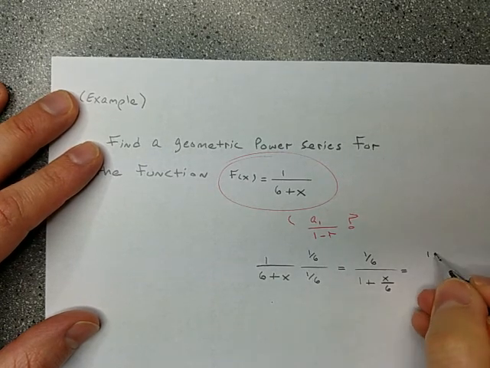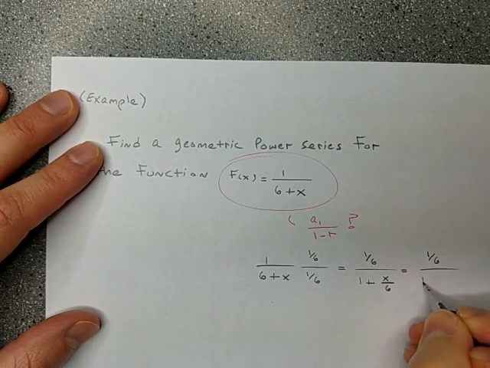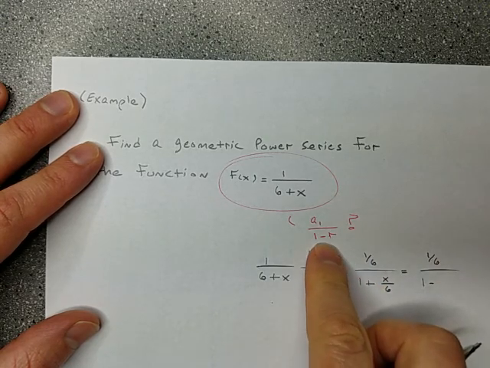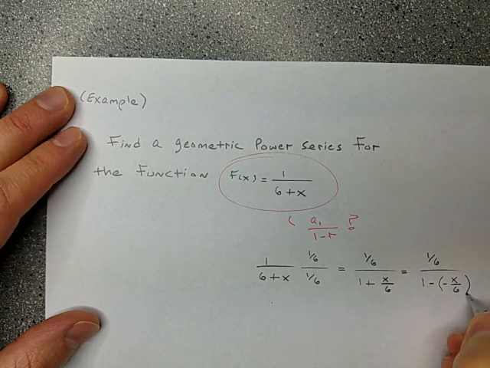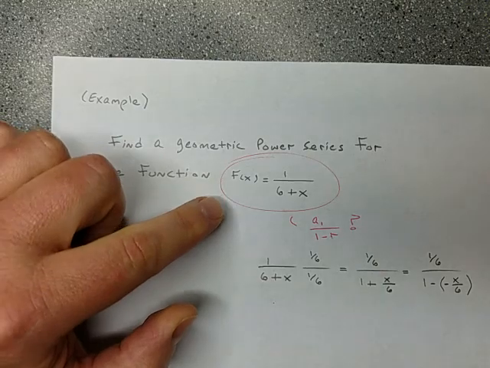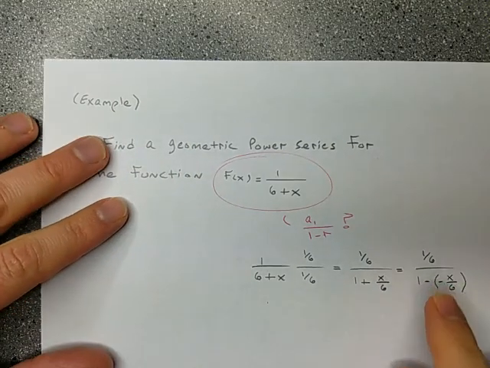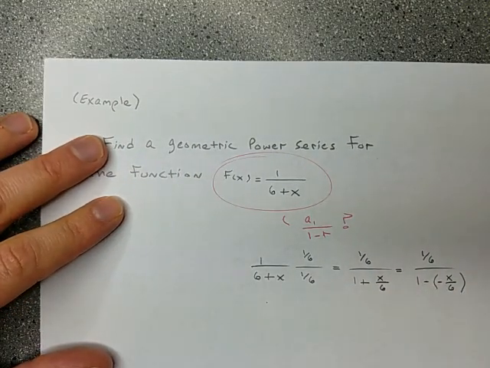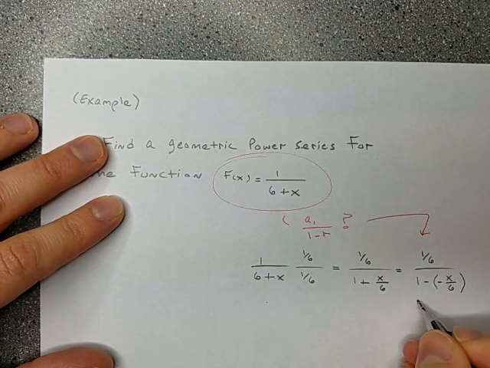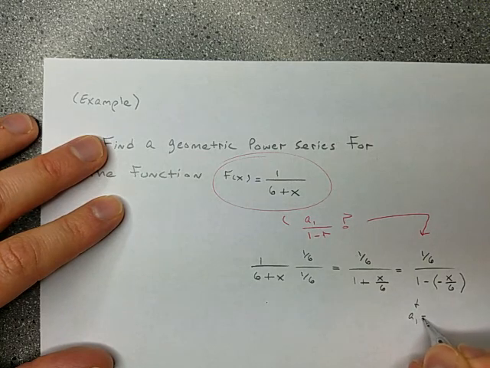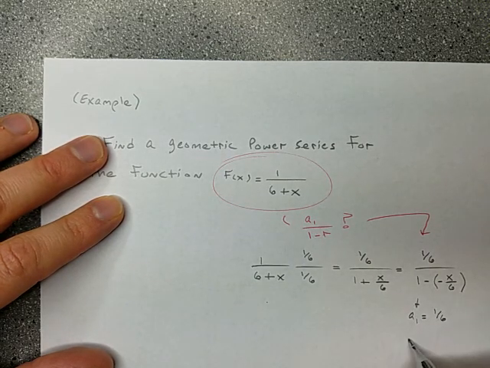I'll look at this function like 1 over 6, 1 minus, because the formula has a minus in it, 1 minus negative x over 6. Okay, so this is the sum of a geometric series that has a first term of 1 over 6 and a common ratio of negative x over 6.